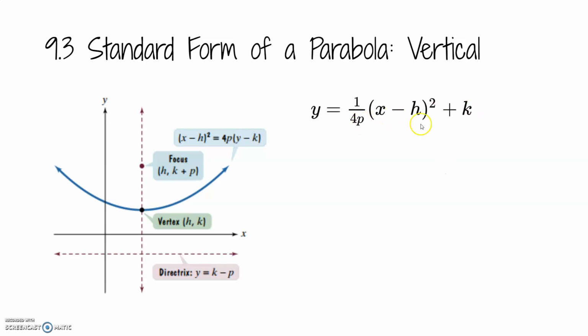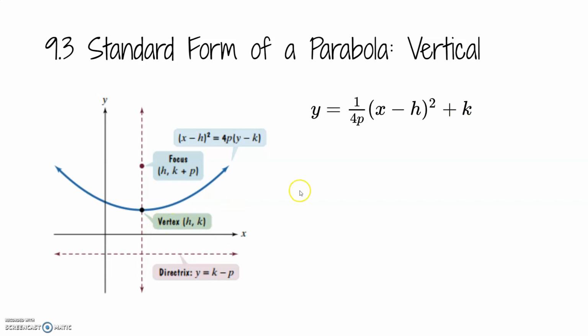So this is your vertical standard form equation. Two things to note. x is being squared, and we have an h, k. This is very similar to vertex form. If you can think way back to chapter 2, vertex form of a parabola has the h and k highlighted in it, and I think we even called it h and k back in chapter 2.